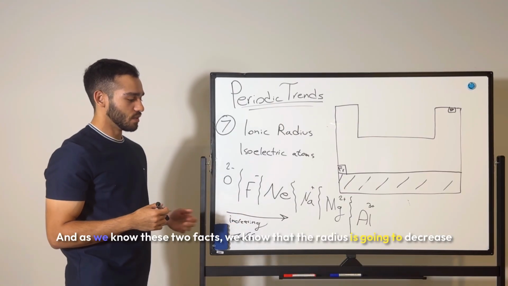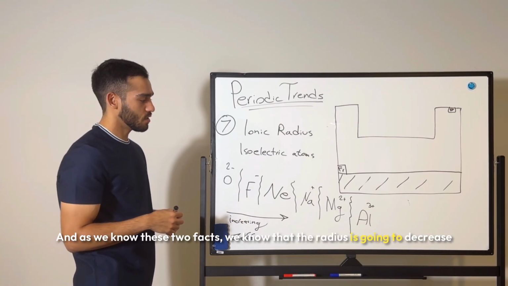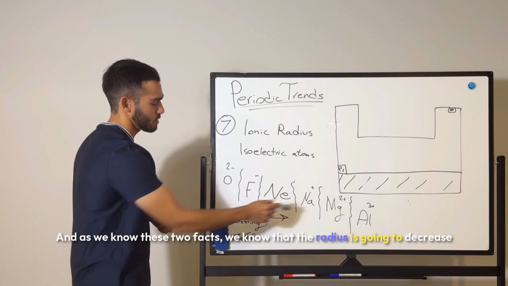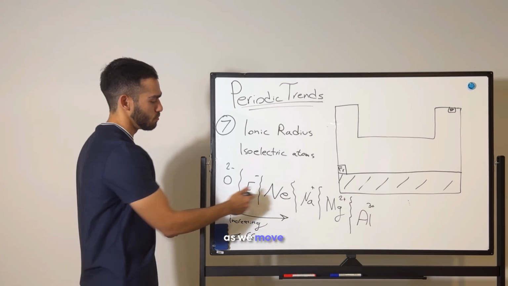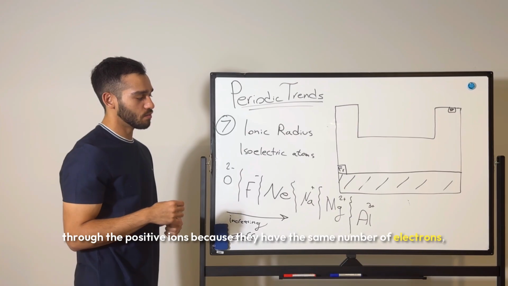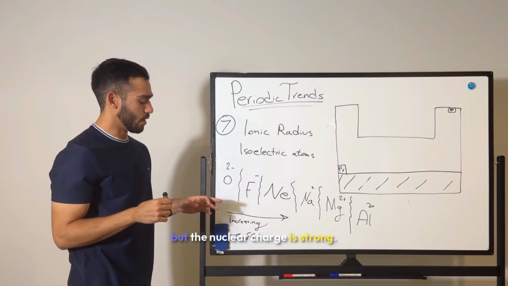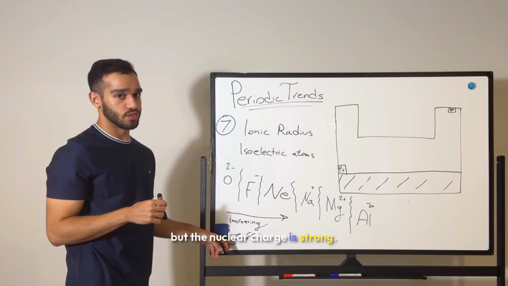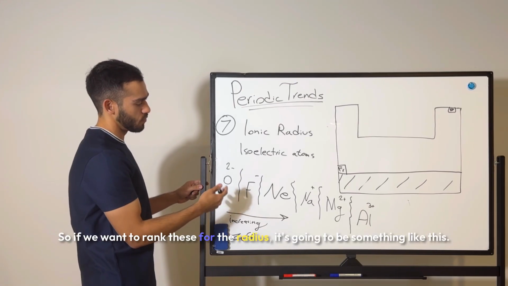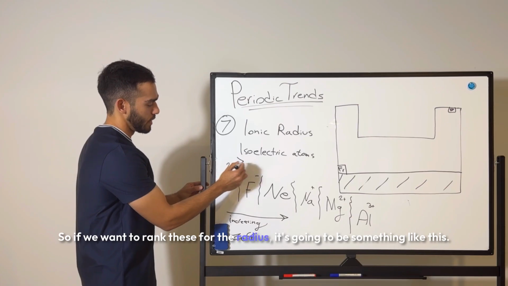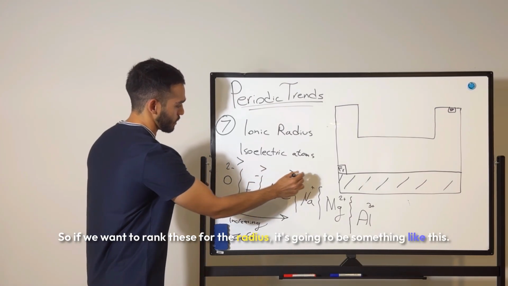As we know these two facts, we know that the radius is going to decrease as we move through the positive ions because they have the same number of electrons, but the nuclear charge is stronger. So if we want to rank these for their radius, it's going to be something like this.